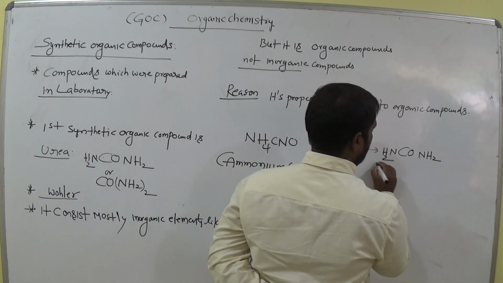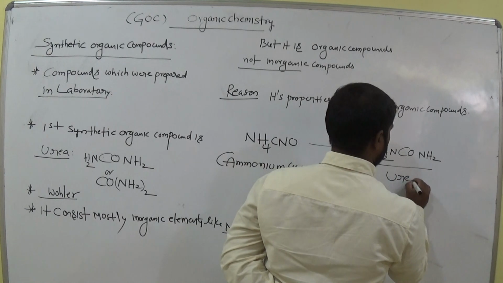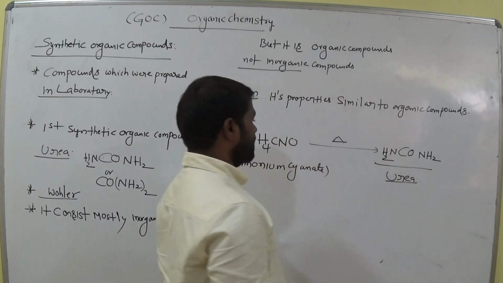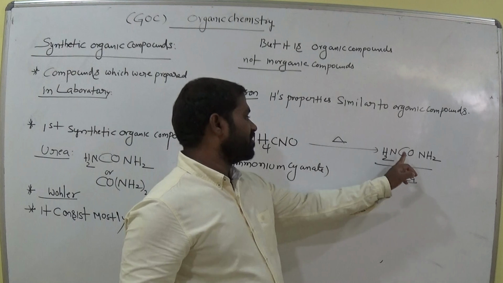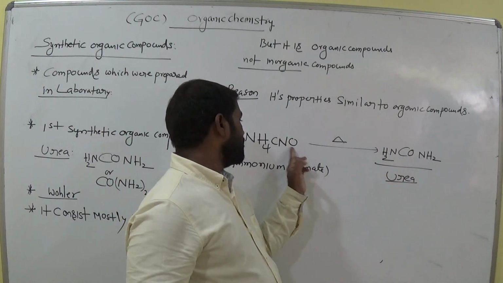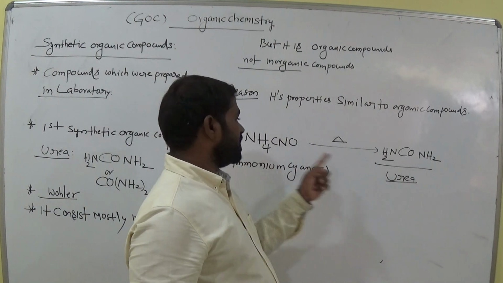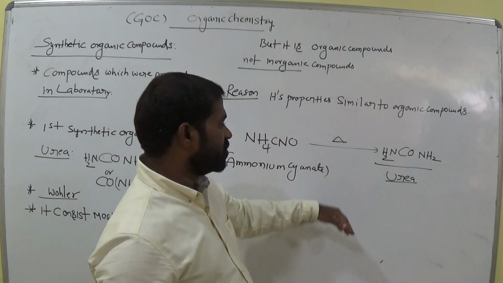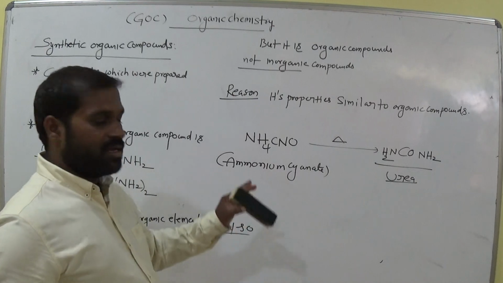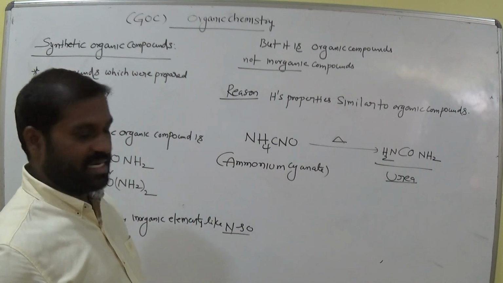This is called urea. Calculate how many carbons are there: 1. Oxygens: 1. Hydrogens: 2 plus 2, 4. Nitrogens: 1 plus 1, 2. Clear? So this is the method to prepare urea in the laboratory synthetically by Euler.